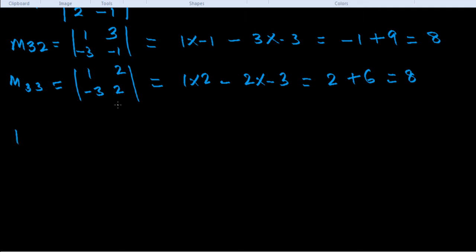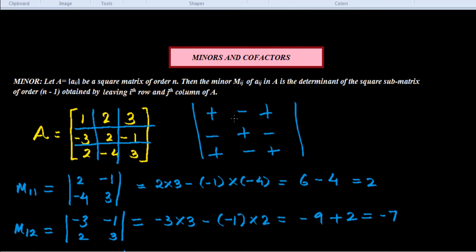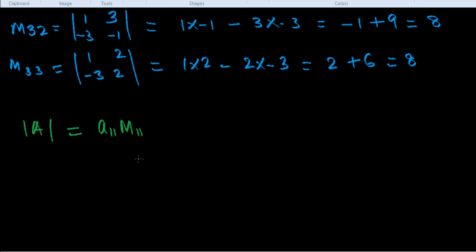So if we have to find out the value of determinant of A, determinant A is equal to A11 M11, the first sign is positive, the second A12 we have to take the negative sign, minus A12 M12, then we have positive sign there, A13 M13.